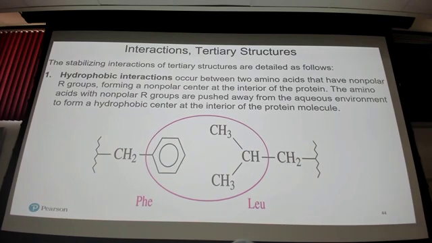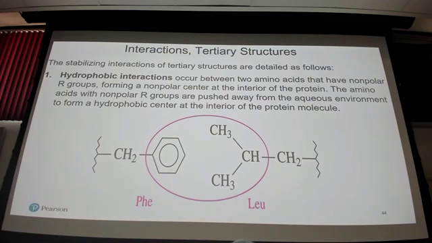Around proteins, typically there's an aqueous environment. These groups are going to want to repel that, get away from the water, and so they're going to form a non-polar center, if you will, amongst themselves. And of course that's going to cause the protein sequence to fold and bend in different ways.